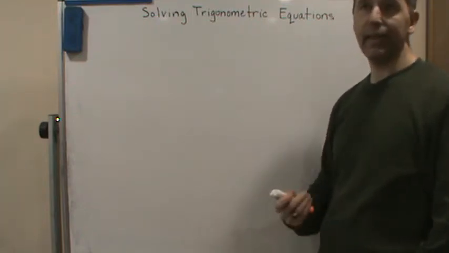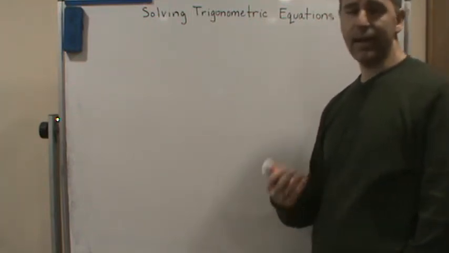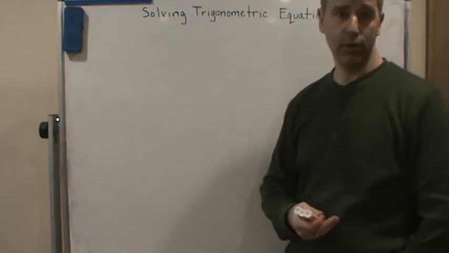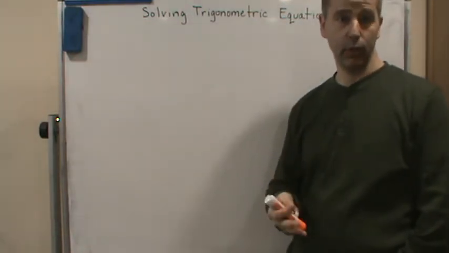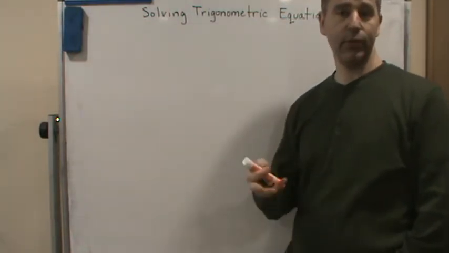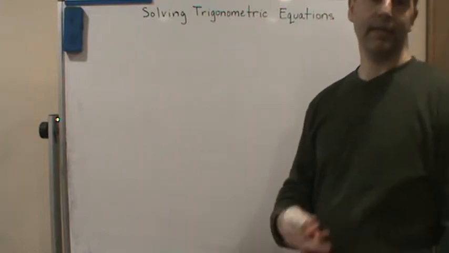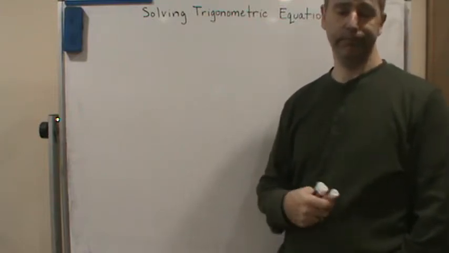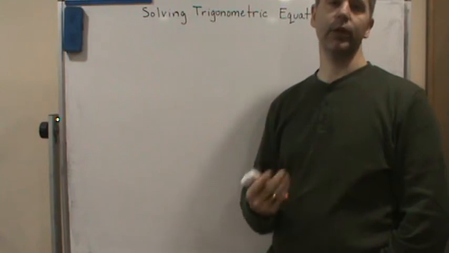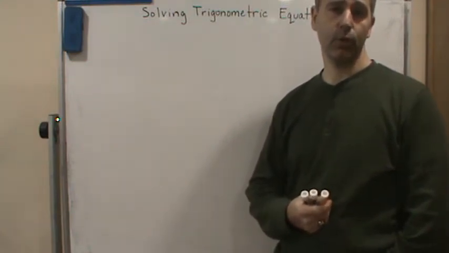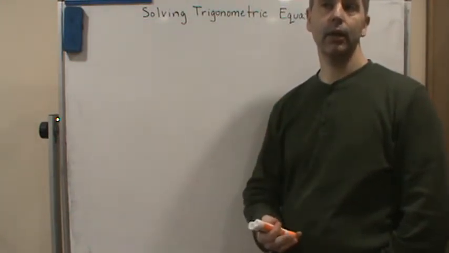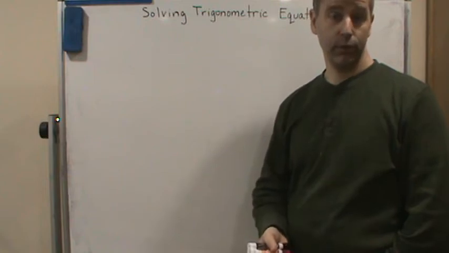A lot of times we solve trigonometric equations based on a particular interval. And within a particular interval, there will be, let's say, only one unique solution. But just as frequently, there are lots of situations where we're going to want to know all possible solutions.